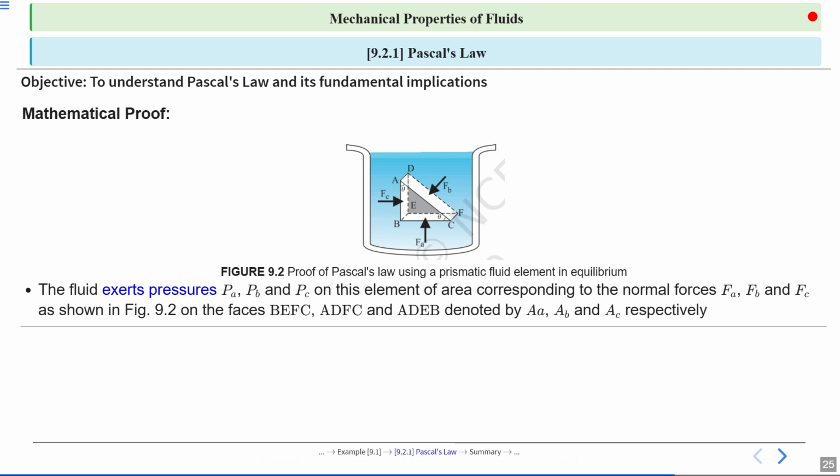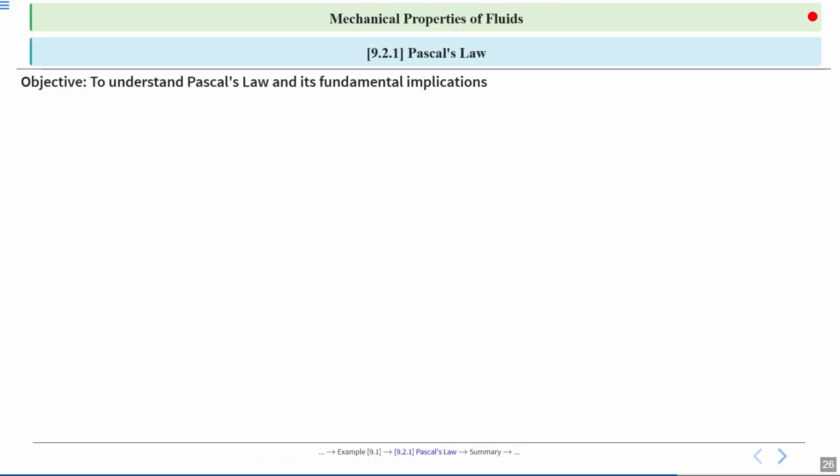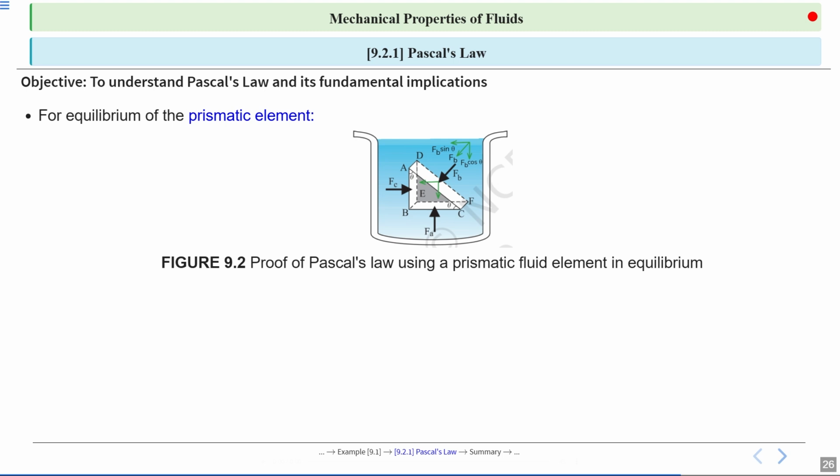This is important because it shows us pressure acts uniformly in all directions in a fluid at rest. Now, for equilibrium of the prismatic element, notice the figure showing a fluid element. This setup helps us understand how the forces act on different surfaces of the element.